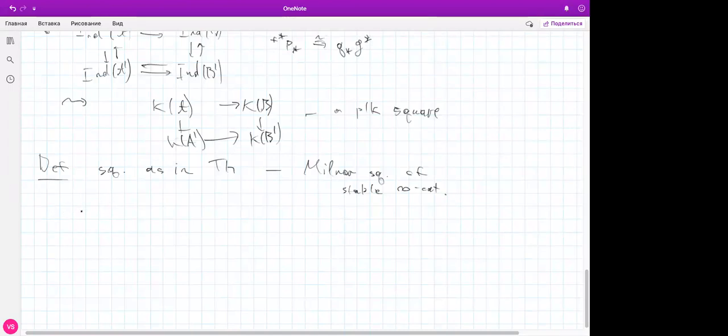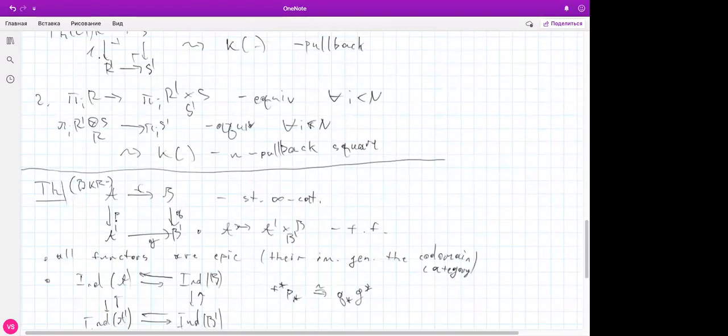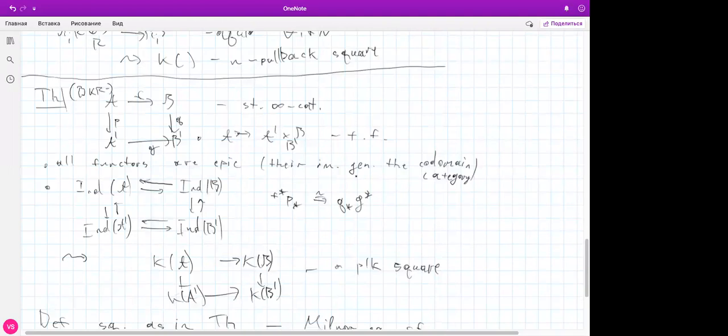And then, okay, so this already implies some sort of excision result for stacks, because now if you have a commutative square of stacks, you can take perfect complexes of the square, and you get a diagram of stable infinity categories.